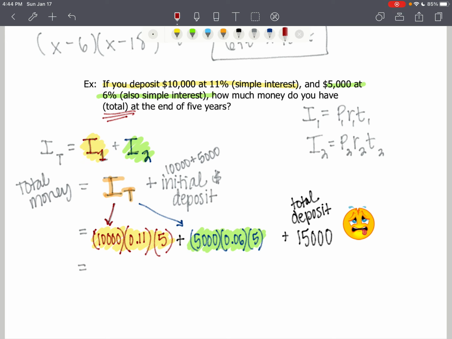So I'm going to go to my calculator and multiply 10,000 times 0.11 times 5. Now if I don't have a calculator, I'm going to change that 11 hundredths to a fraction. And the same thing over here, the 6 hundredths, I'm going to change that to a fraction.